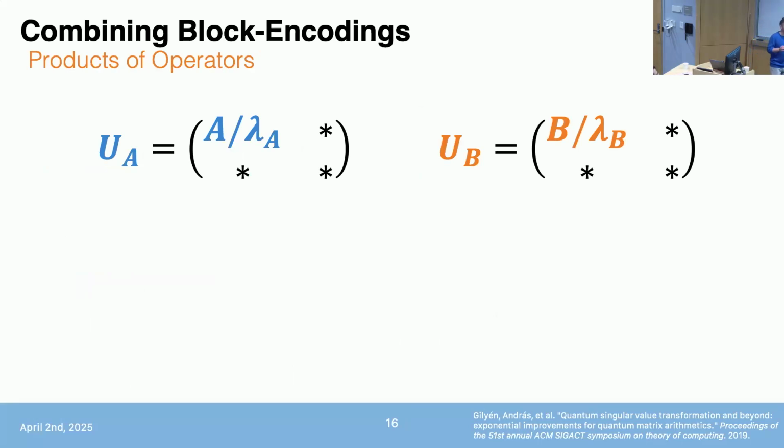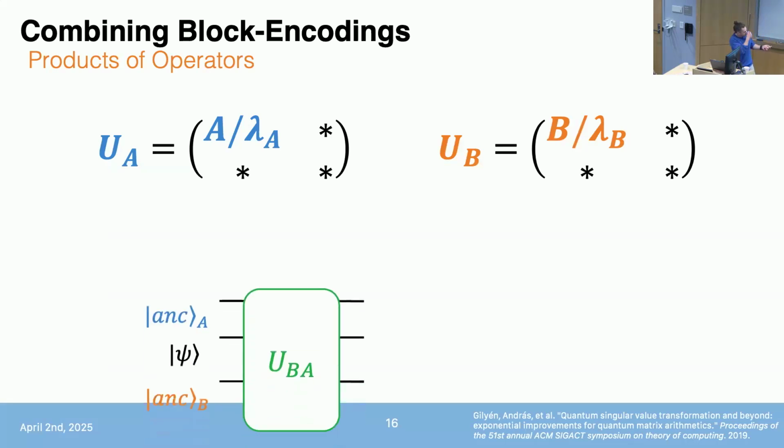Okay. So now how do I combine block encodings? Earlier we talked about if I want to apply H squared, I could apply UH, measure, wait till I get a green flag, and then apply UH again and wait for another green flag. But can we do something a little smarter? Say I have UA and UB. UA block encodes A, UB block encodes B, with their own rescaling factors.